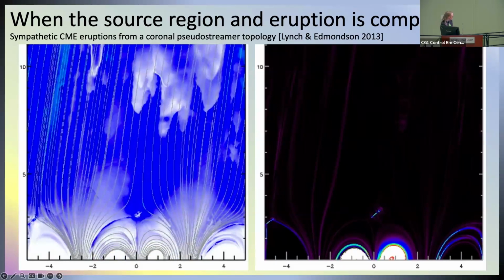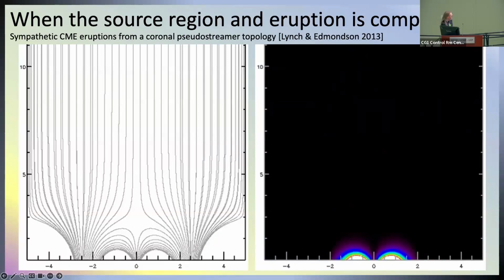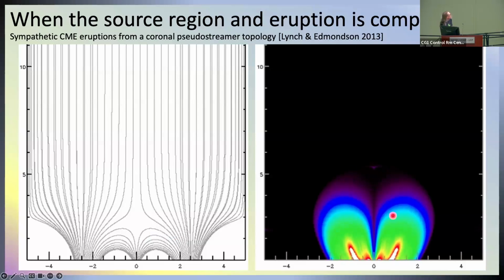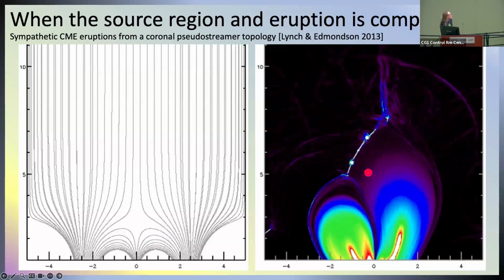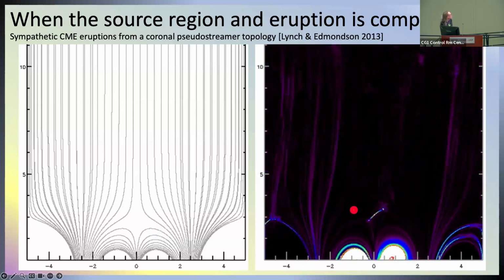Let me see if I can replay this myself. No. I can get a situation that's sufficiently stressed that it wants to just get rid of all of the shear I put in, one half of that pseudo streamer and then the other half.